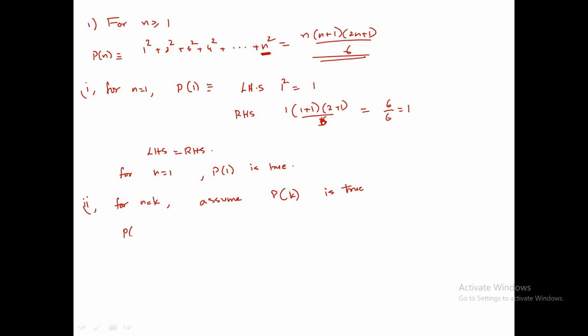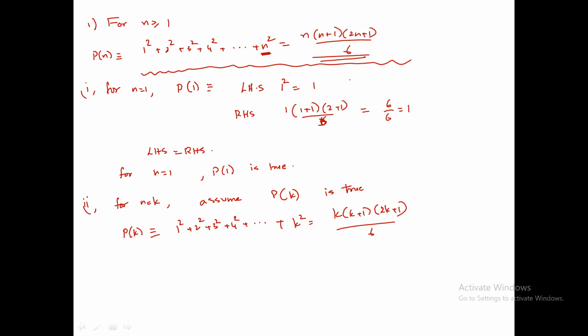That means P of k, the left side 1 square plus 2 square plus 3 square plus 4 square plus up to k square is same as k into (k plus 1) into (2k plus 1) by 6. I did no work. Just copied the entire question left side and right side by putting n equal to k.